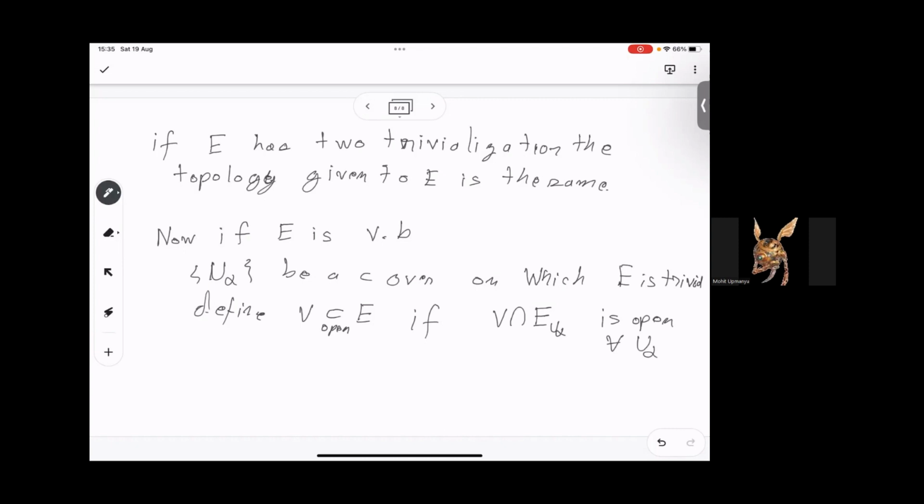So we're saying that when intersected with all these trivial neighborhoods, which is independent of where it came from, which is what we discussed before, if V happens to be open in all of these trivial neighborhoods, then we declare V to be open. So this is how we topologize a vector bundle.